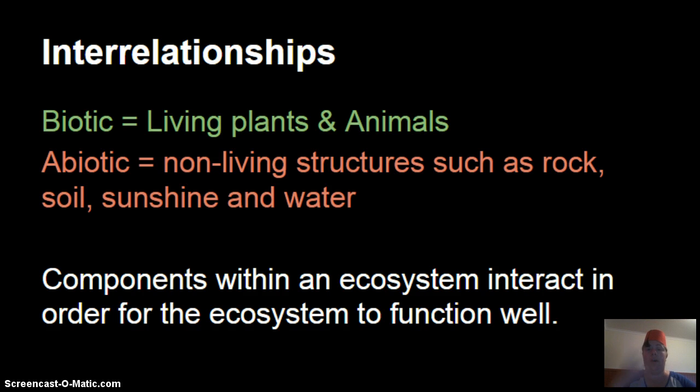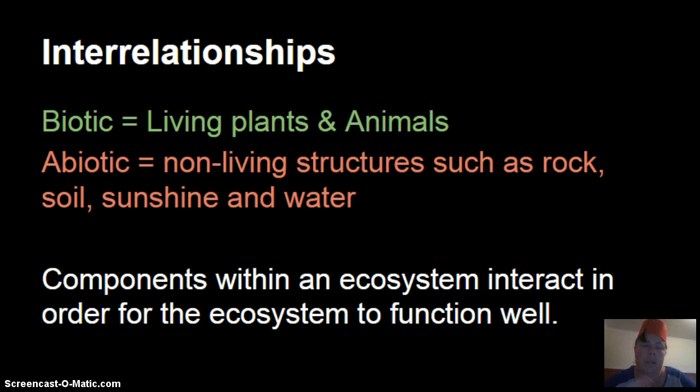So biotic, biology, biotic, living plants and animals and how they interact with one another. But let's not forget, they also interact with abiotic things that don't live and breathe. Good way to remember how to describe the two: biotic, living, abiotic, not so much. Anyway, my bad joke.